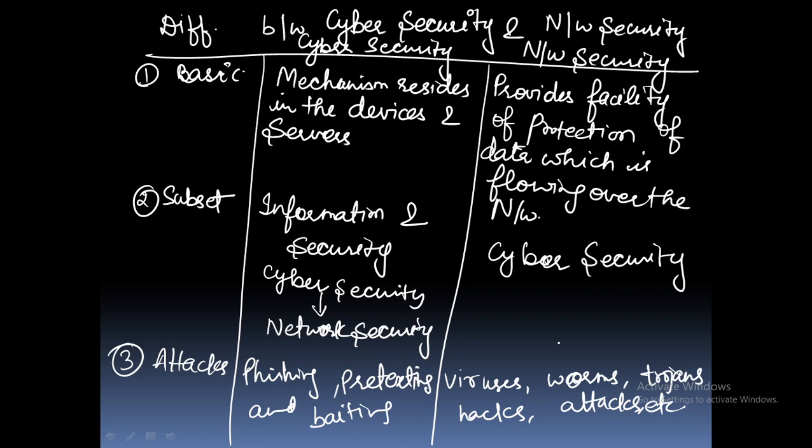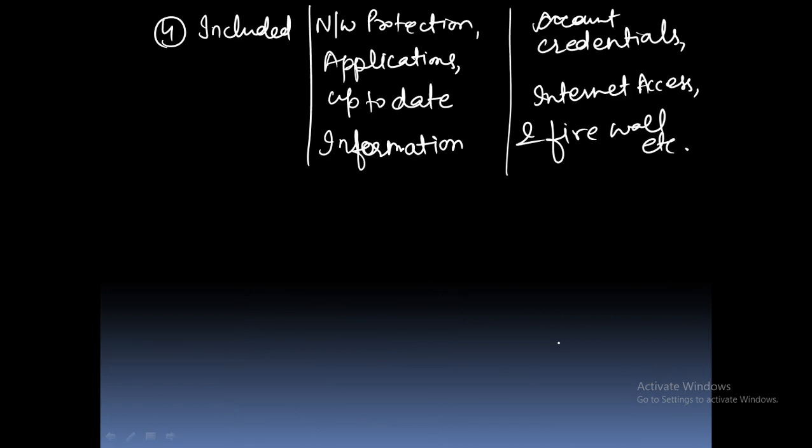In the third point, attacks. Cyber security includes attacks like phishing, pretexting, baiting, etc. On the other side, network security includes viruses, bombs, trojans, DOS attacks, hacks, etc. Cyber security also includes network protection, applications, and providing up-to-date information.